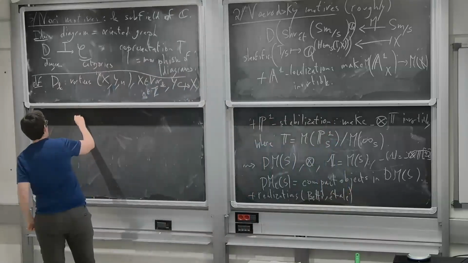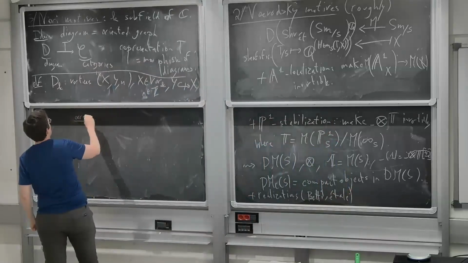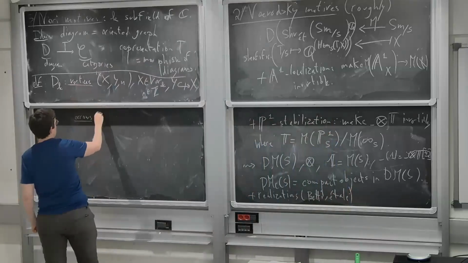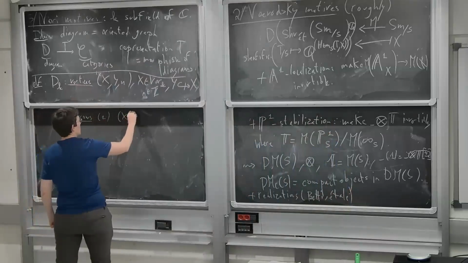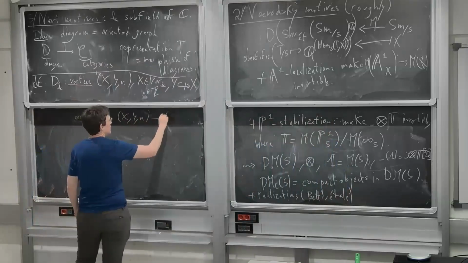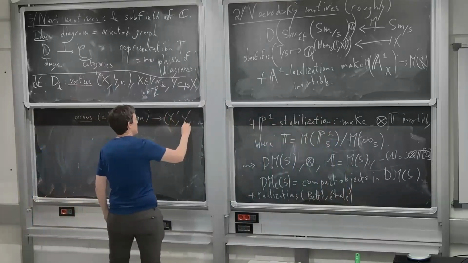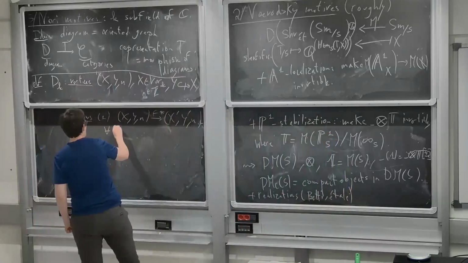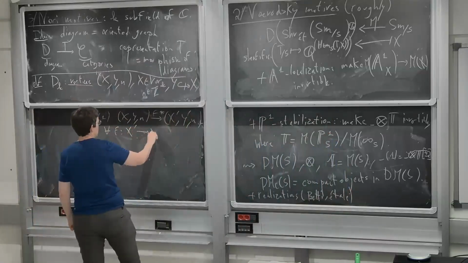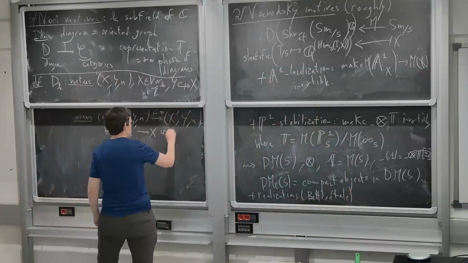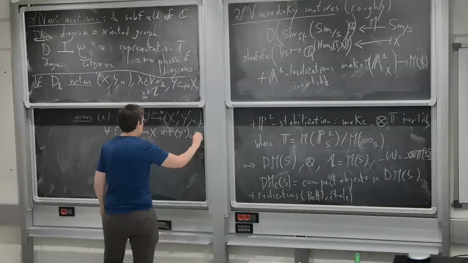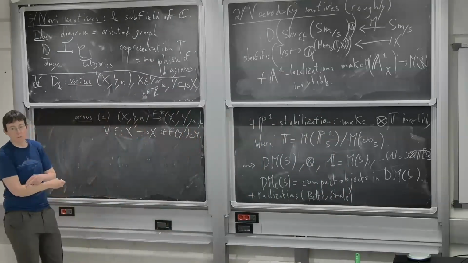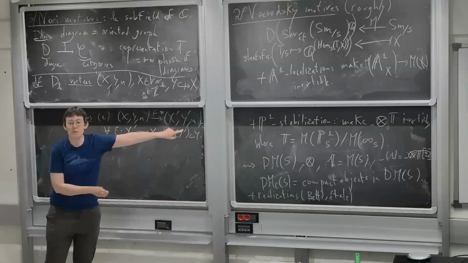And then arrows: you have two types of arrows. First, functoriality arrows. If you have a morphism of varieties from X prime to X that sends Y prime to Y, it gives you an arrow in the other direction. Note the n here is the same.